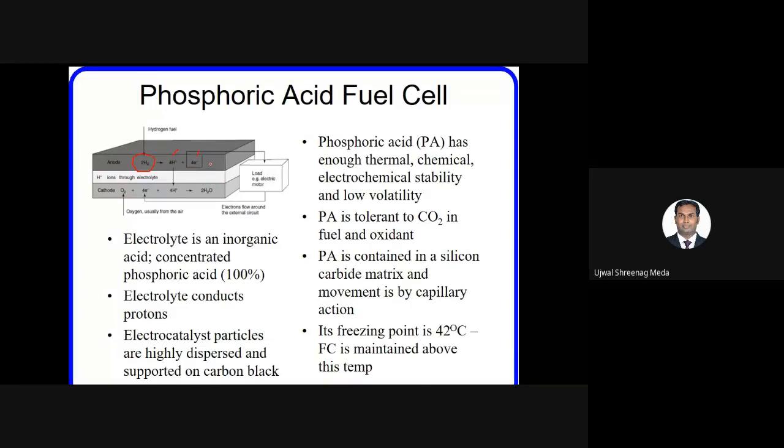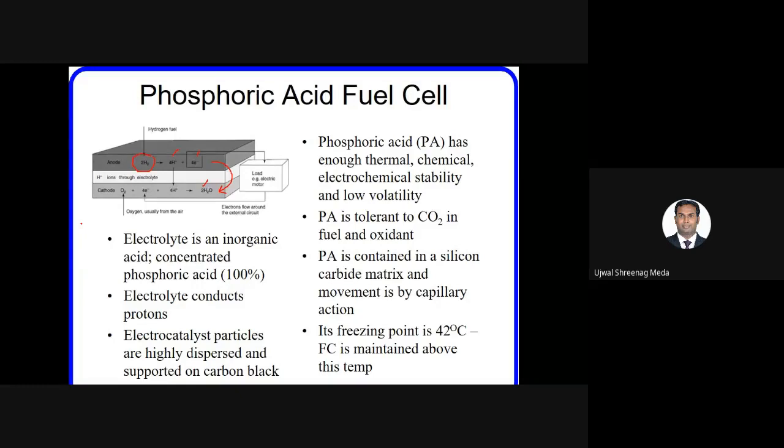The electrons pass through the external circuit and reach the cathode. The protons move through the electrolyte and reach the cathode. At the cathode, the oxidant oxygen combines with these electrons and protons, forming water. So these are the reactions that take place at the anode and cathode respectively.